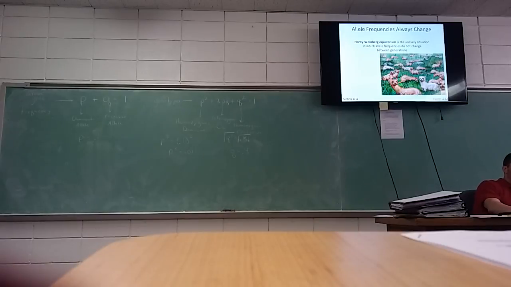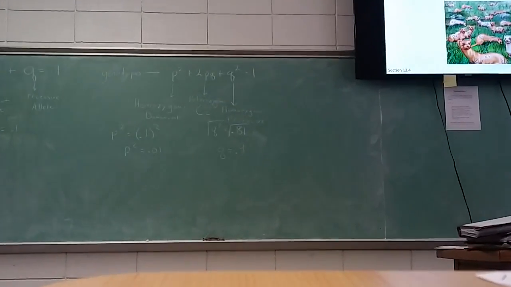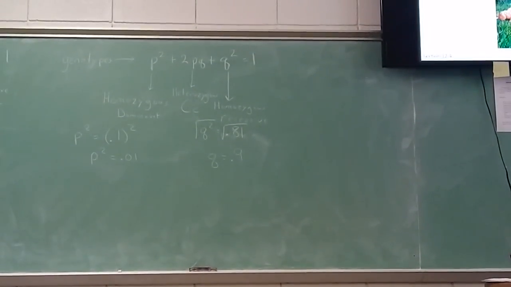The allele frequencies always change, so how many dominants we have for something, how many recessive, these are always changing. But when we talk about the Hardy-Weinberg equilibrium, we're in a pretend world where they're not changing. So this is the unlikely situation in which allele frequencies do not change between generations. This is a hypothetical situation. It's not real.